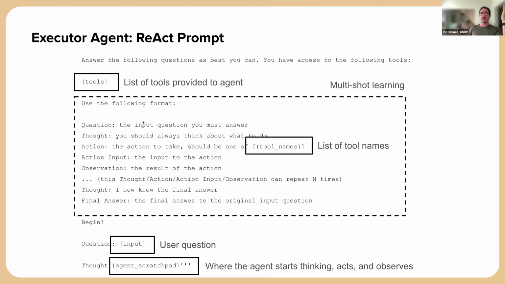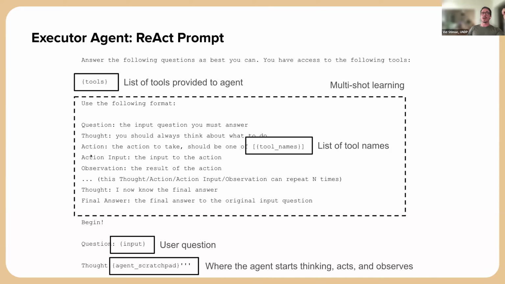And it says, use the following format. There's a question. You put a question there. There's a thought. Think about what you will do. And then there's the action. And then the executing of the action itself. And then you observe the results. And then there's a chain until you find the final answer. Here's the list of tools. This is, by the way, what they refer to as multi-shot learning and prompting, right?